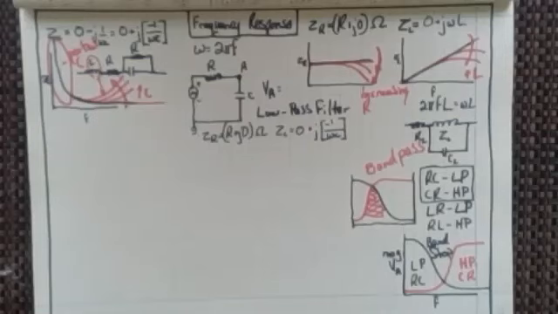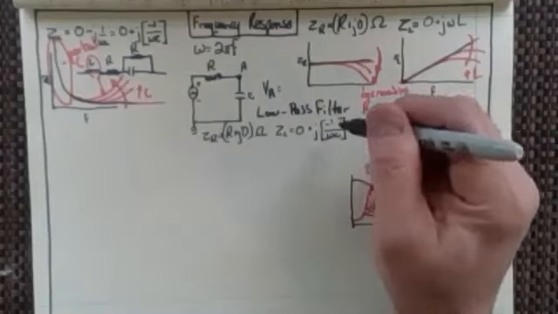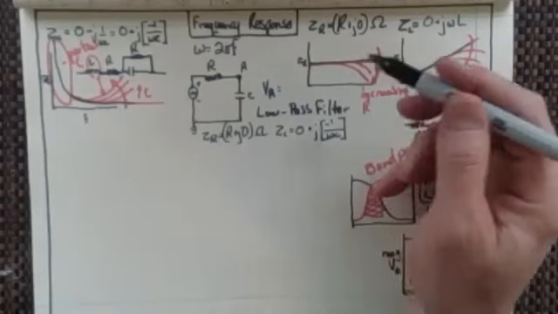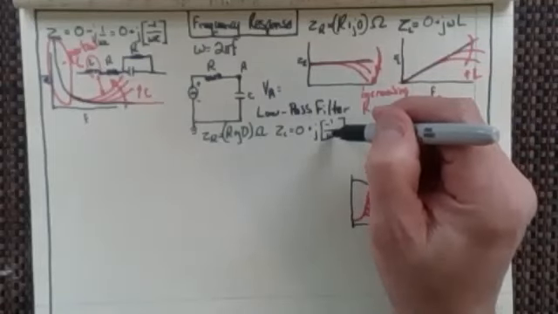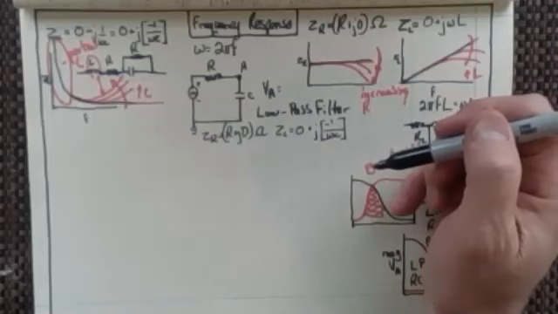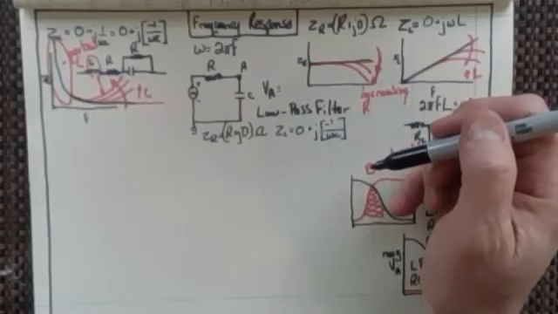Now we've got really three different regimes. Let's say that we've got a very low frequency, something like 1,000 hertz.